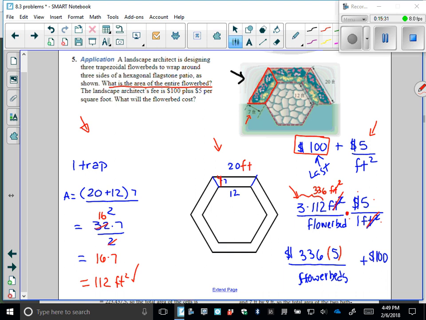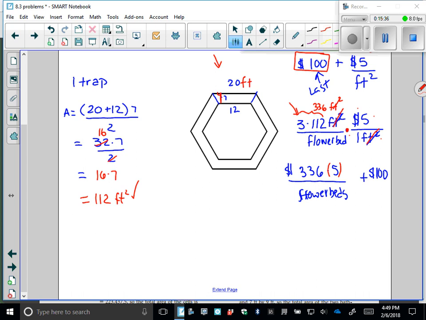Then I have to finish the problem by taking $336 and multiplying it by 5, and then adding $100.